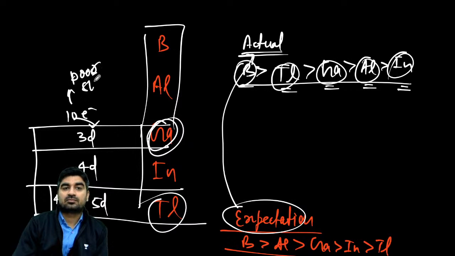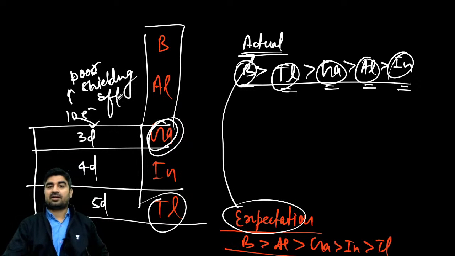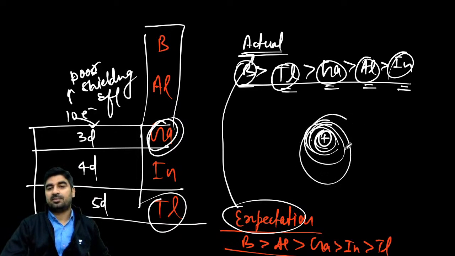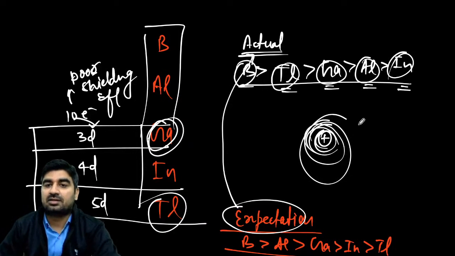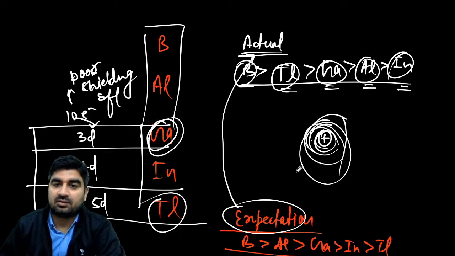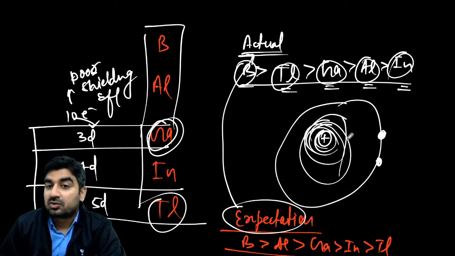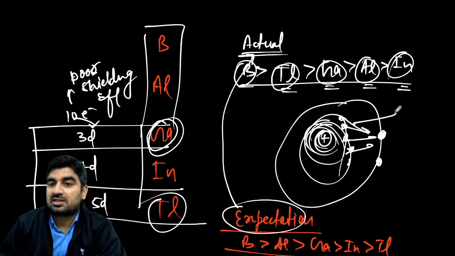I told you, poor shielding effect. So due to that poor shielding effect, what will happen? These 10 electrons, suppose I'm making it, and now if I'm making the valence electron, their repulsive effect is poor.